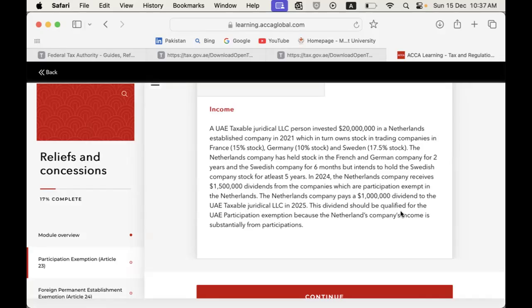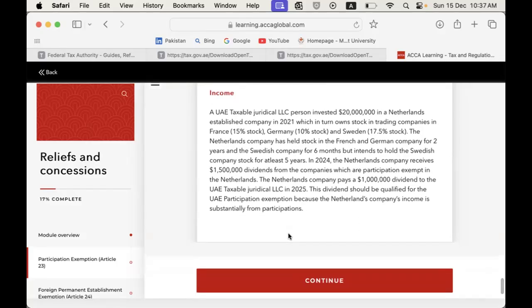This dividend should be qualified for UAE participation exemption because the Netherlands company's income is substantially from participations. That's a very good, beautiful example. The idea was that the foreign company should be holding interest in other companies, and then later on distribute shares to the UAE resident company.